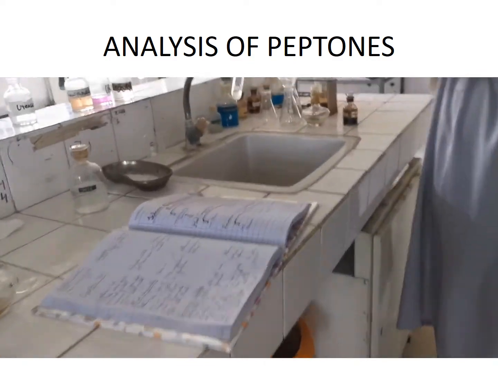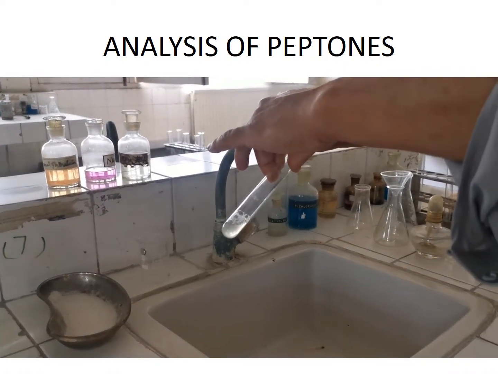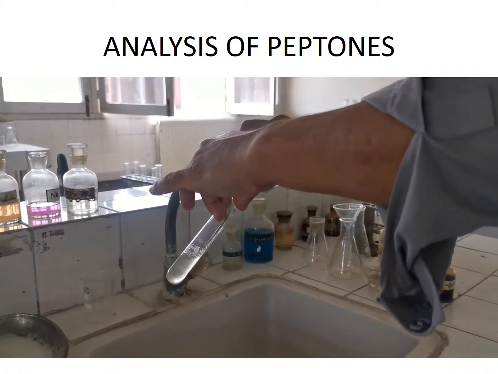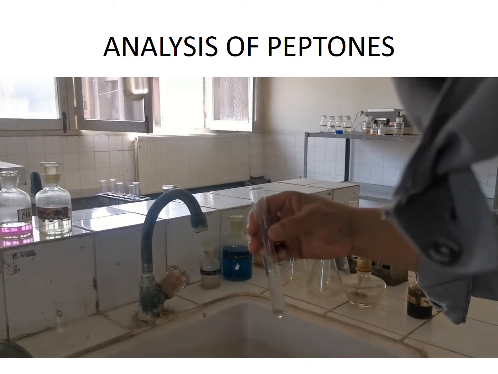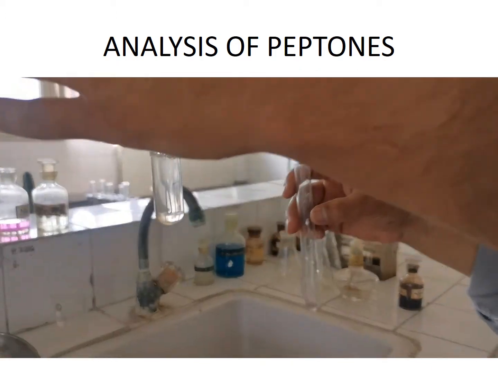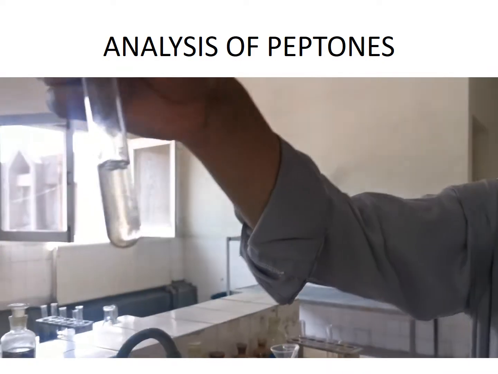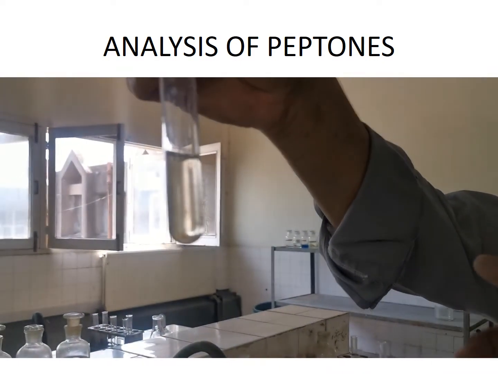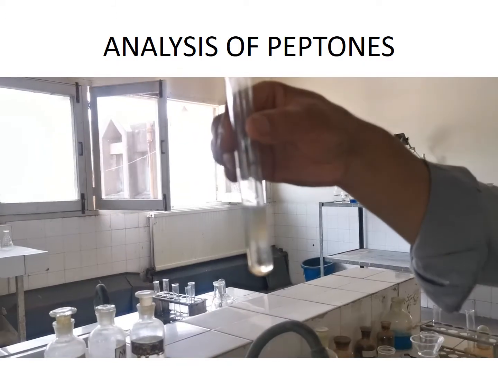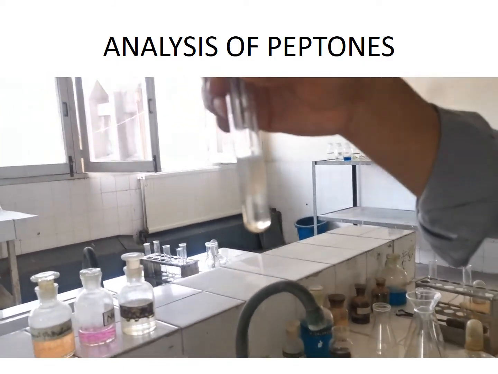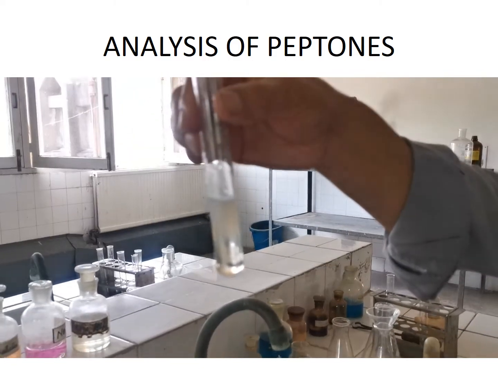We are going to add concentrated sulfuric acid along the side of the test tube. We'll see that a ring is formed that is going to be reddish violet in color. This shows the presence of tryptophan.